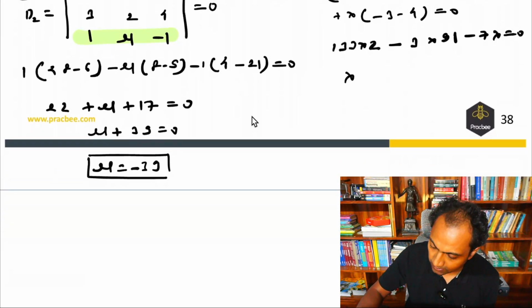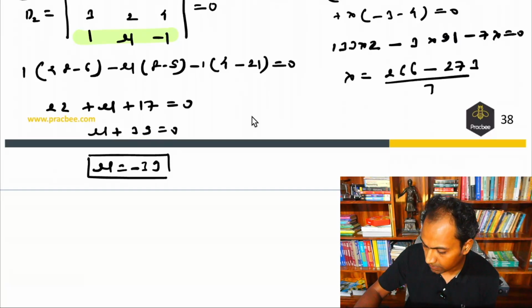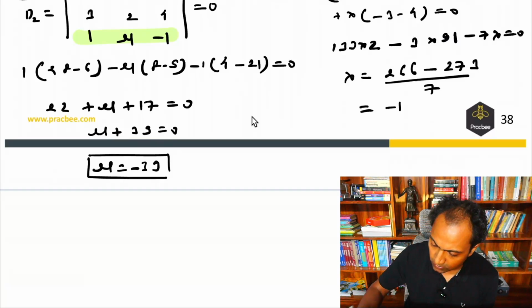You can see that the value of lambda comes out to be 133 into 2, which is 266, minus 3 into 9 is 27, giving 273 divided by 7. Now, if I simplify this, let us see what we get. 66, and if I add 4 it becomes 70, then divided by 7. So, this is minus 1.